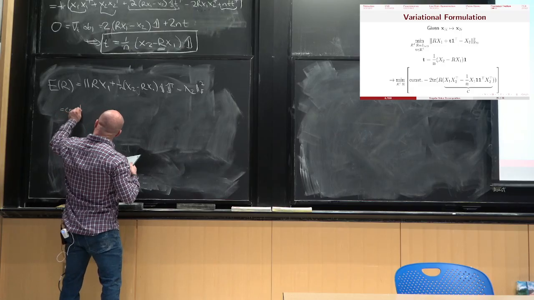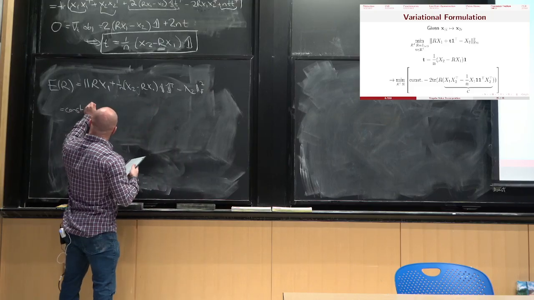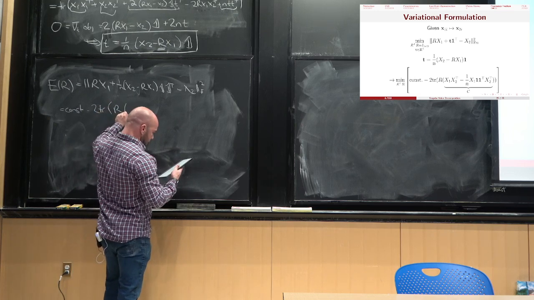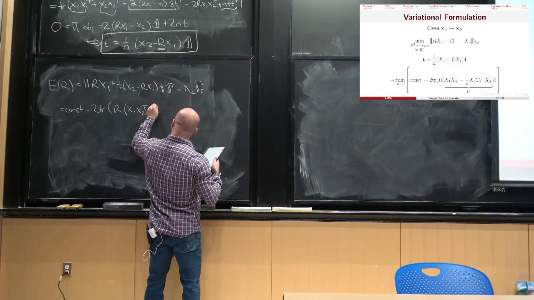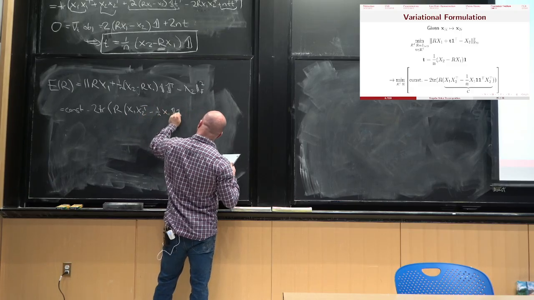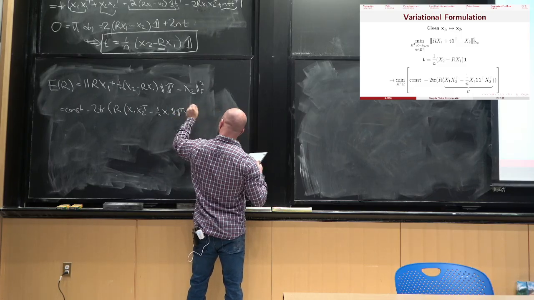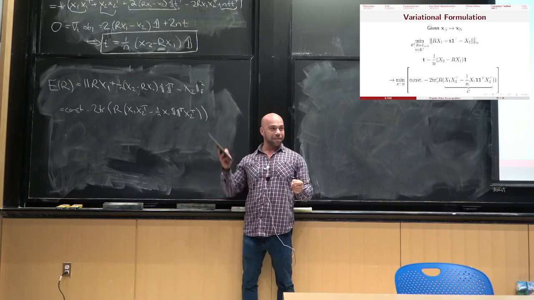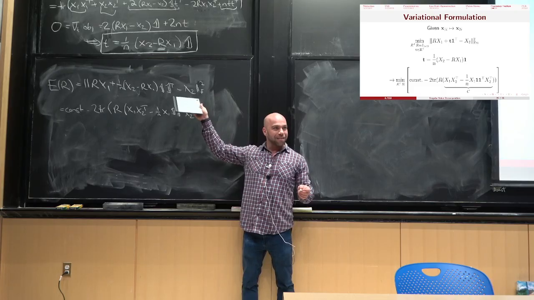It'll be some constant, and by constant I mean there's no r dependence, minus 2 times the trace of r times some big ugly thing: x1 x2 transpose minus 1 over n times x1 1 1 transpose x2 transpose. Is everybody okay with trusting this little step of the proof? It is exactly the same algebra as on the top board. I'm just applying it to a slightly different expression.